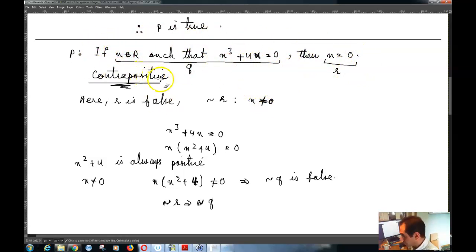So, in case you didn't understand this, in the method of contrapositive, you have to break down your statement into two component statements. Let's say, for example, Q and R. Here I have taken R as the then clause and Q as the if clause, right? So in the method of contrapositive, we show that not R implies not Q. We assume that R is not true, and then based on that we show that Q is not true.